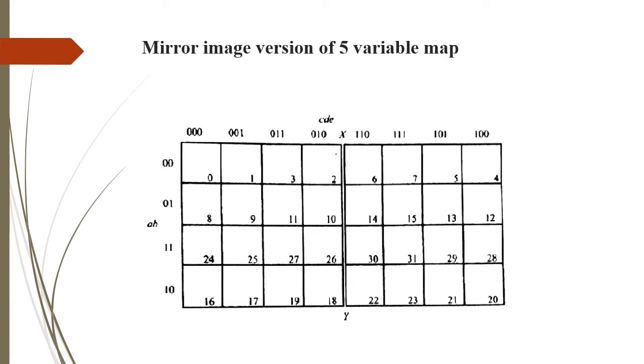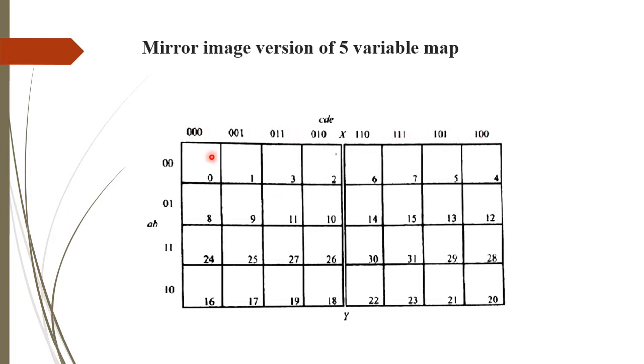So this is the mirror image version of a 5 variable K-map. In the mirror image version, you'll be using a 2 16 cell K-map. If you check here, they have considered literals as A, B, C, D, E, and row wise they have written two literals, that is 0, 0, and column wise they have considered three literals.